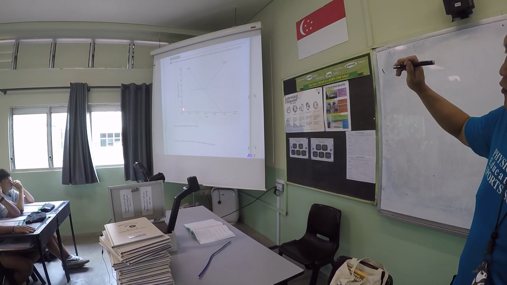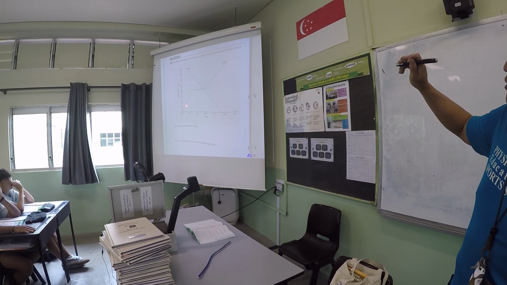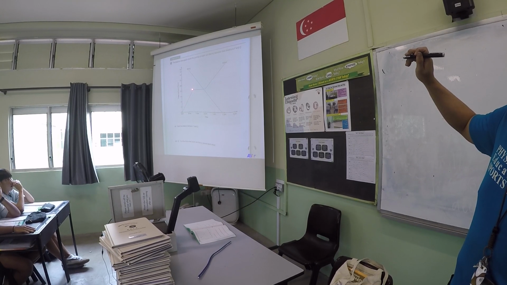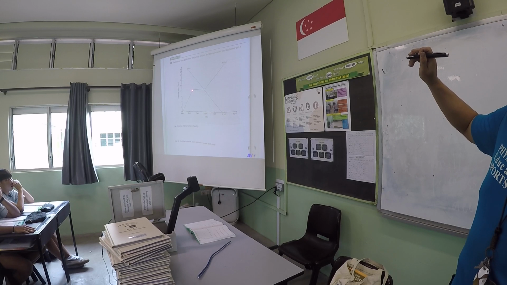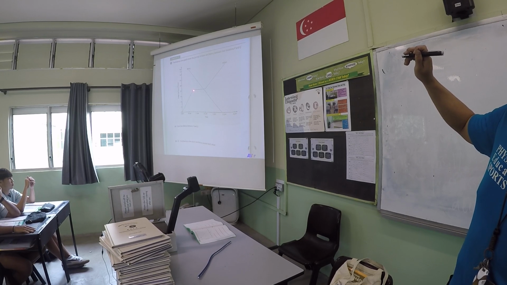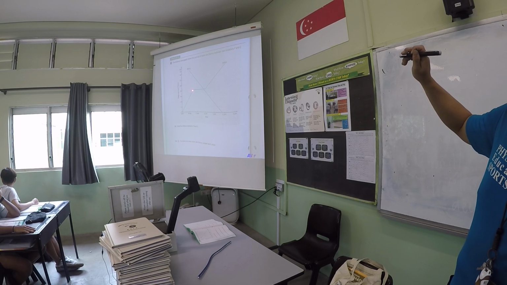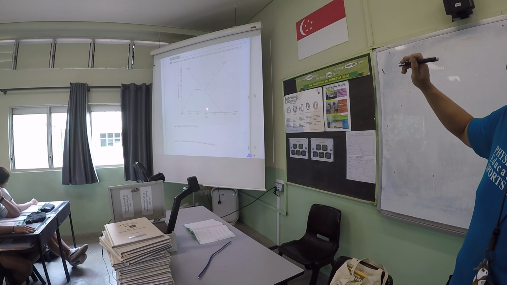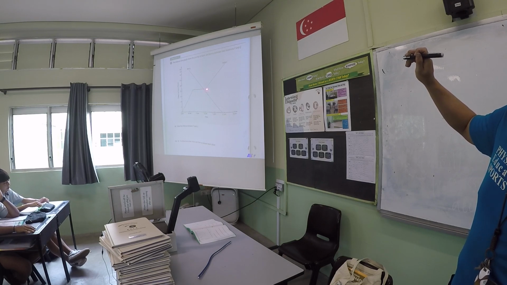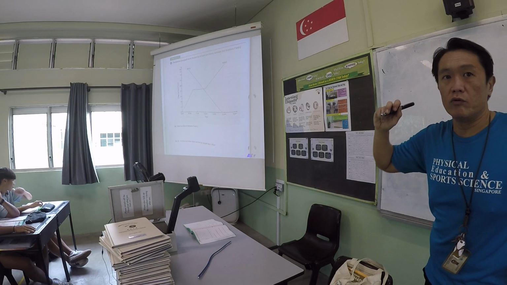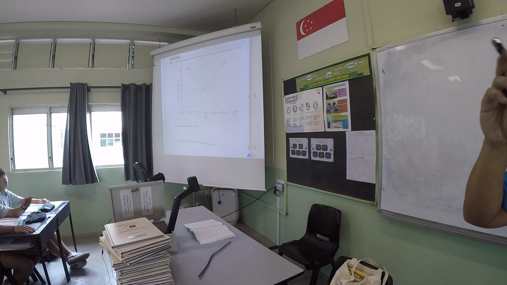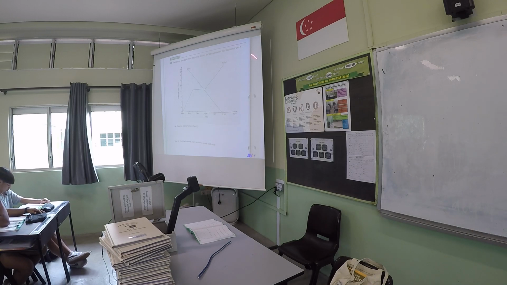Then he starts to move away from P. Then he stopped here. When he is 8 kilometers from P, he stopped from this time to this time. Then he continued moving to point Q. So this is the understanding of this graph.